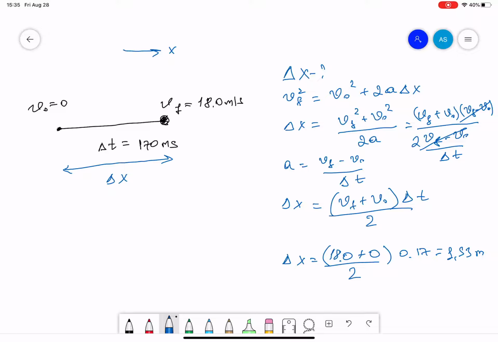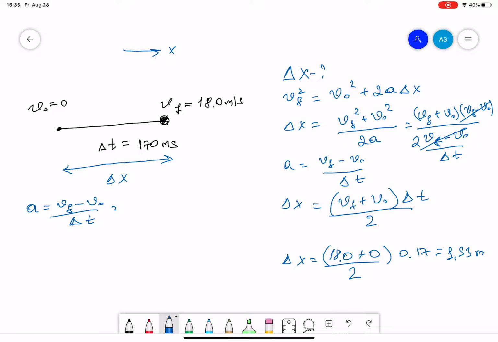Now we have to find the magnitude and direction of the force the pitcher exerted on the ball. First of all, let's find the acceleration. The acceleration can be found by this formula: a is equal to v final minus v initial over delta t.